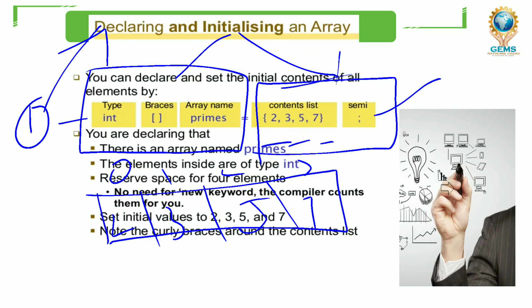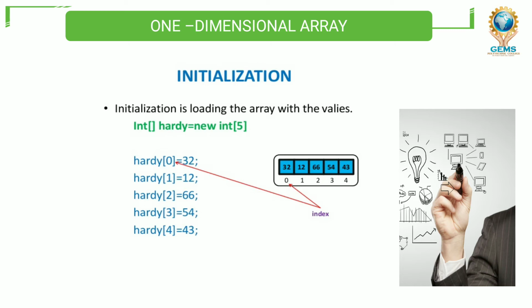So once you initialize the elements, they are stored inside the array. Here we have to know one thing, declaration is different from initialization. Both things we can observe on this slide.